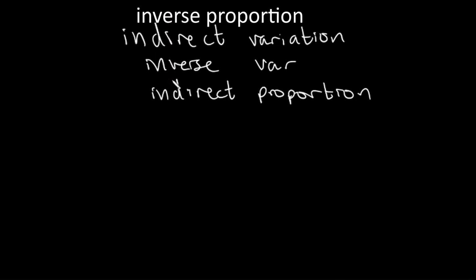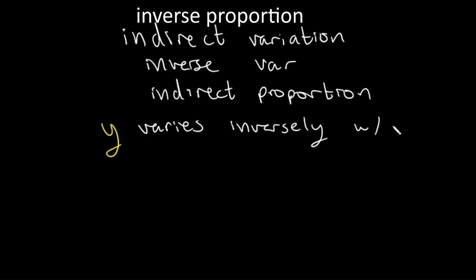So all of these mean the same thing, and so let's say we have our variable y, and y varies inversely with another variable x. How would we set up an equation to represent this statement?